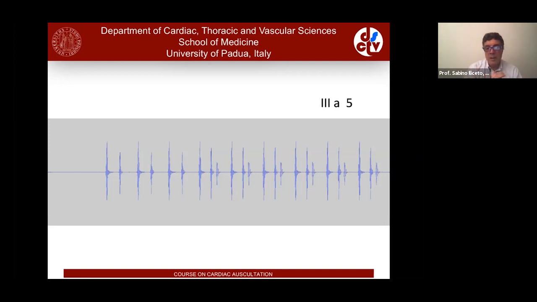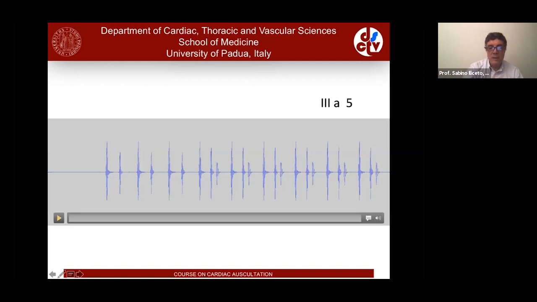Then we shall redo the same recording without watching the screen, but with the eyes closed. So let's start with the first modality, eyes open, watching the phonocardiogram.